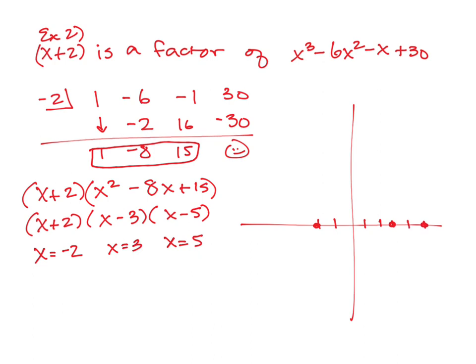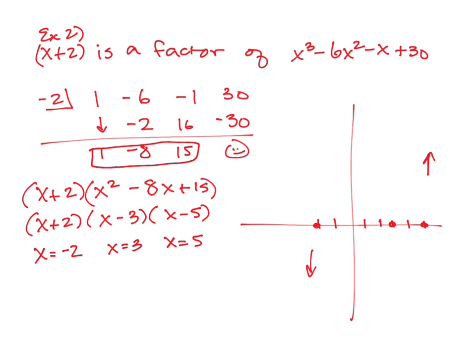What's the multiplicity on all three of these? 1. So on all three, it's going to cross through, like a linear factor would. Okay. What are my tails? Down and up, because it's an odd positive. Odd positive.